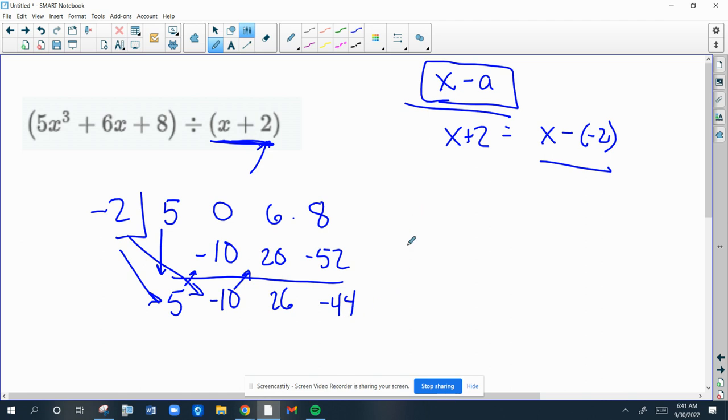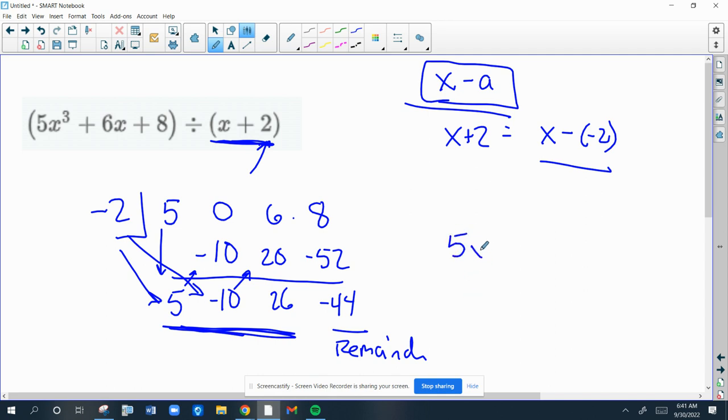So the answer, the quotient and remainder, this is the quotient. This is the remainder. This is going to be a very important part of synthetic division, the remainder. So the quotient is 5. Now we have to fill in the x's.